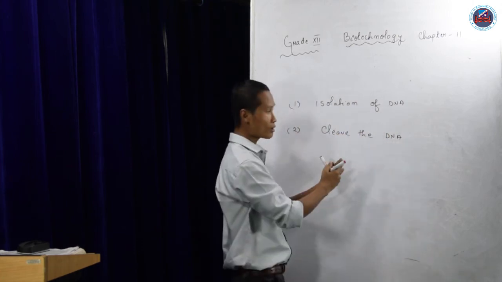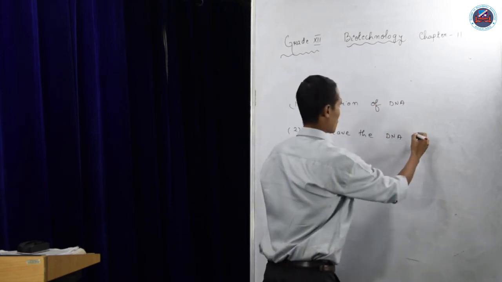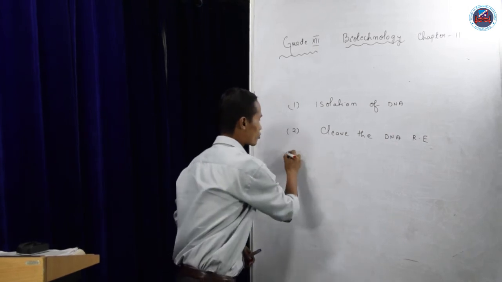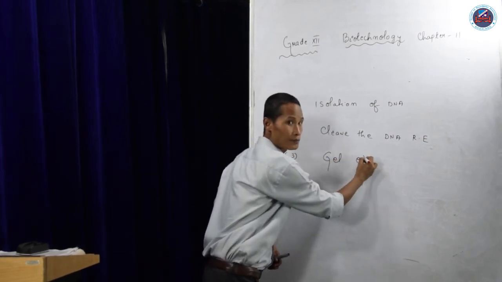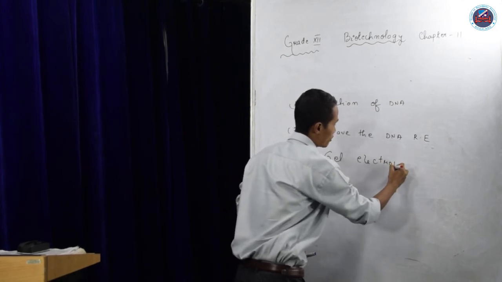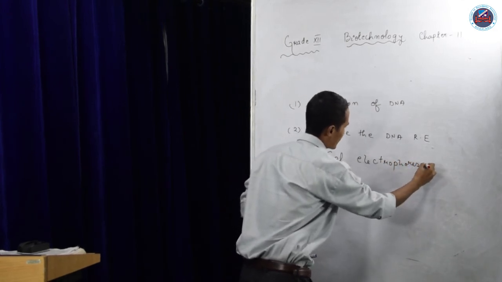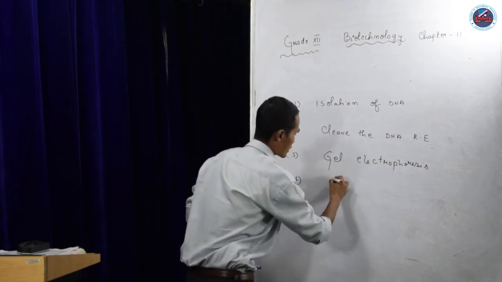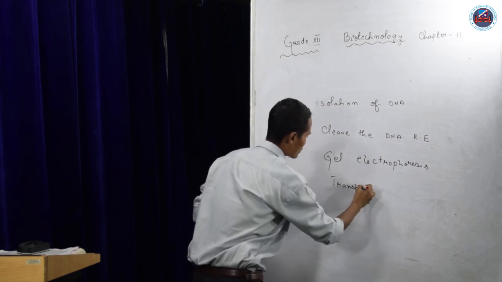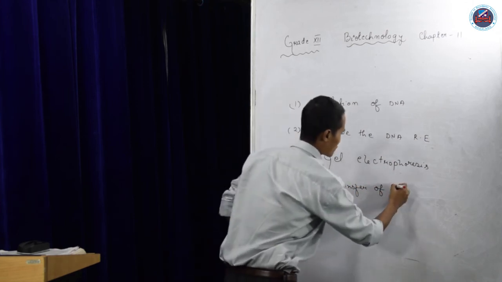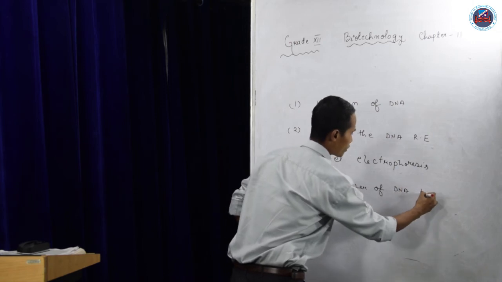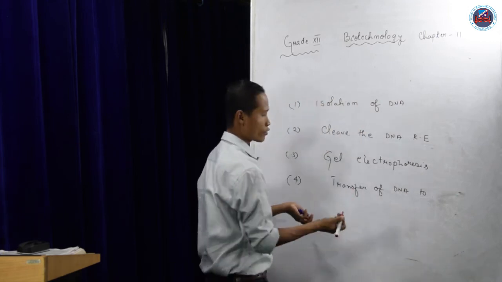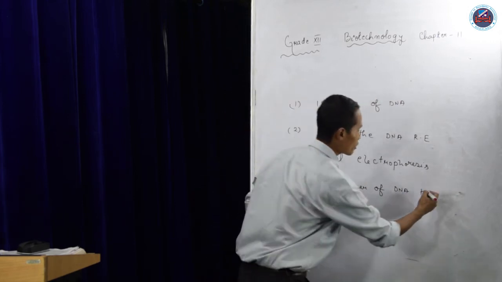The DNA which was isolated has to be cut by restriction enzymes. Next is gel electrophoresis. The fourth is the transfer of target DNA to the vector.